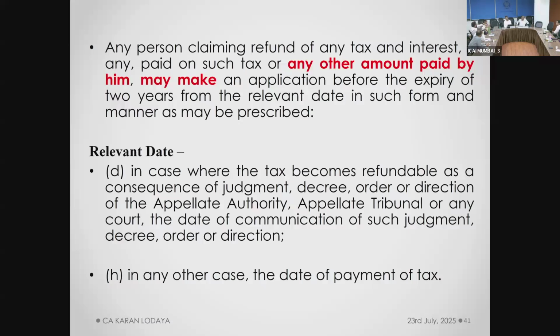So here, sir, the question is, if we see, section 54(1) says any other amount paid by him, and the relevant date says any tax which becomes refundable as a consequence of judgment or order.